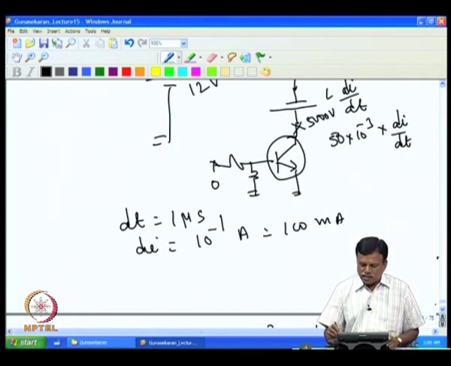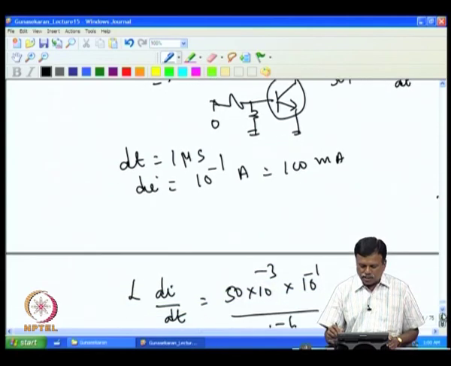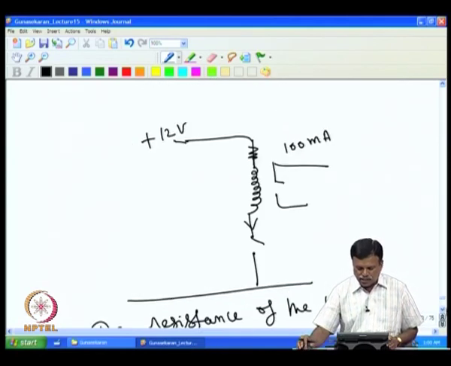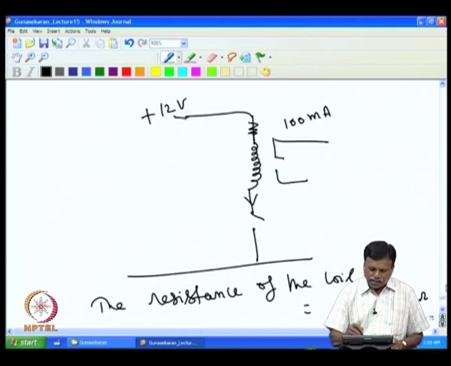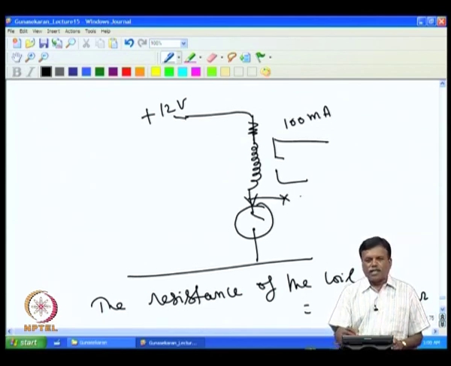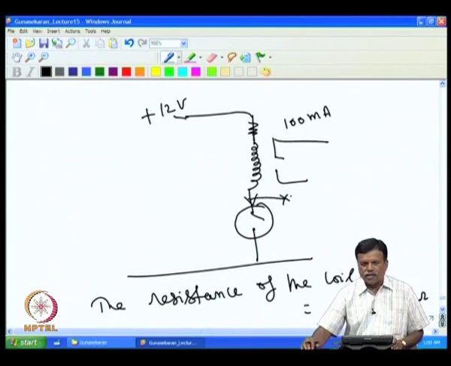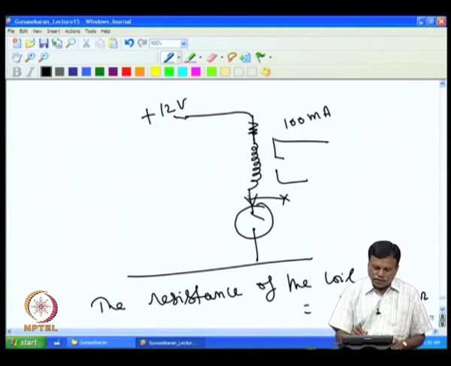That means if I am switching the inductor with this switch, you get a very huge voltage at this point, and that will make the device go bad. So, to protect it, I have to use a diode here.